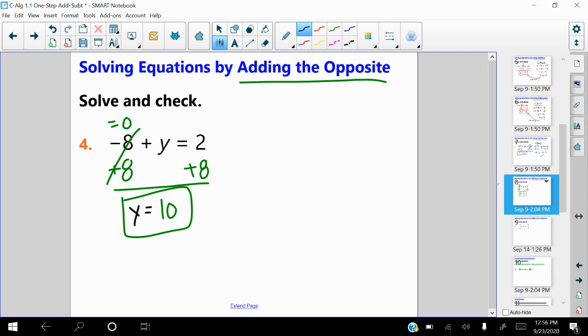And we're going to check our work here. We have negative 8 plus y is equal to 2. Do you notice what I did not do? I did not follow the rules that we have. I didn't write check. Now we're going to substitute in our value of y, which is 10.